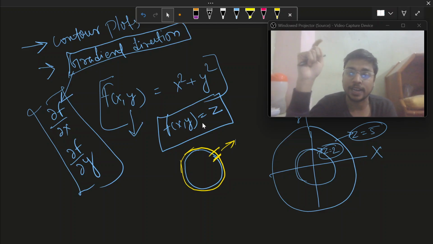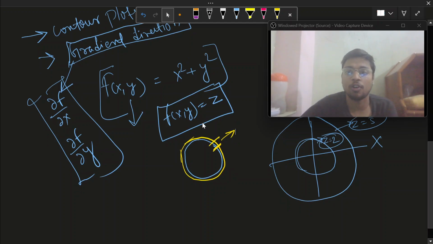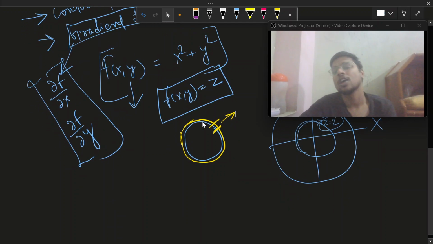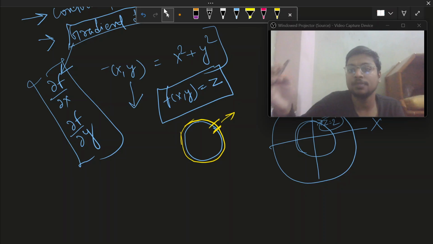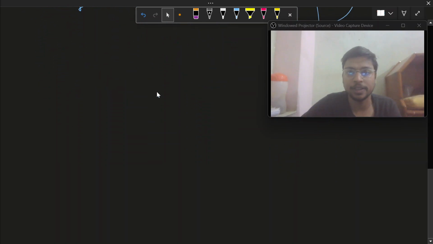So that's the beauty of this algorithm. What is the intuition behind it? Let me explain it.